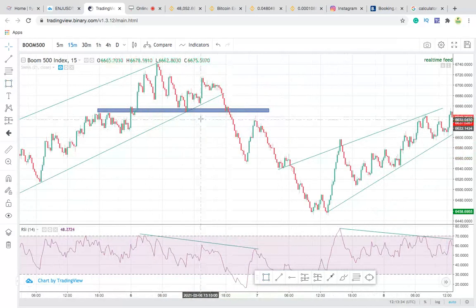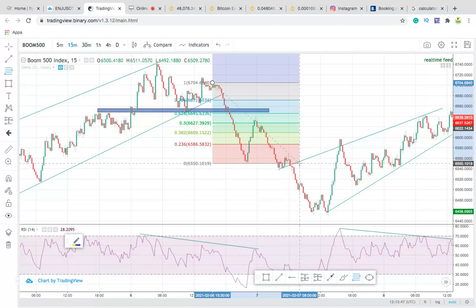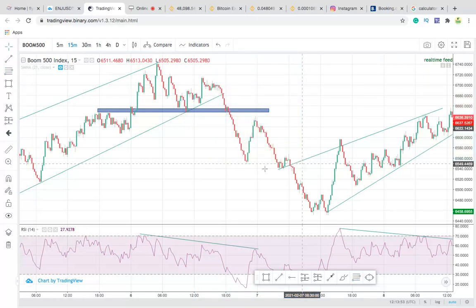Okay. So after the market still went down, it retested as normal, which you can actually spot using a Fibonacci tool, the retracement level. This one happened on the 61.8 zone.